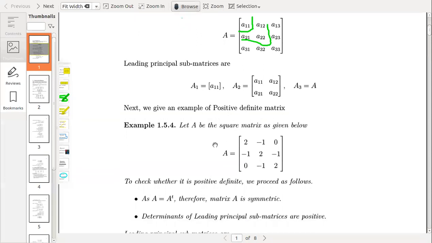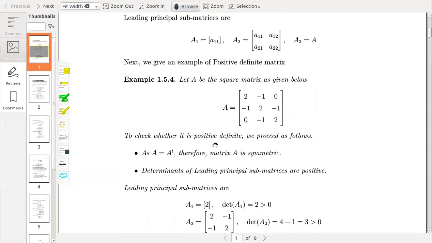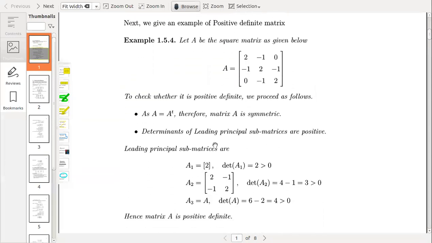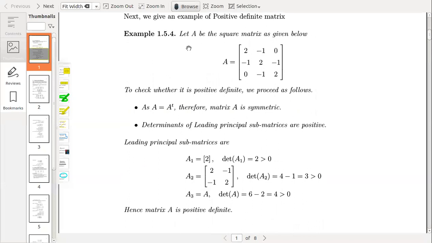So these are the leading principal submatrices. Here is an example to show how we can determine whether a matrix is positive definite. Let A be the square matrix given below: A is equal to [2, -1, 0; -1, 2, -1; 0, -1, 2]. First we determine whether this matrix is symmetric or not.